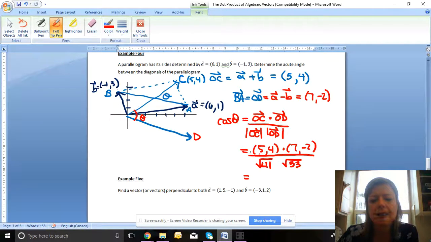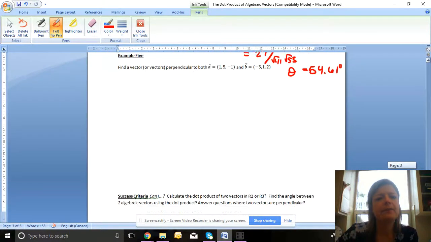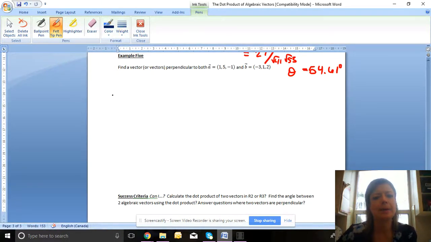So when you do this math, 5 times 7 is 35 minus 8. So 35 minus 8 is 27 over root 41, root 53. So when you solve this for theta, you get 54.61 degrees.